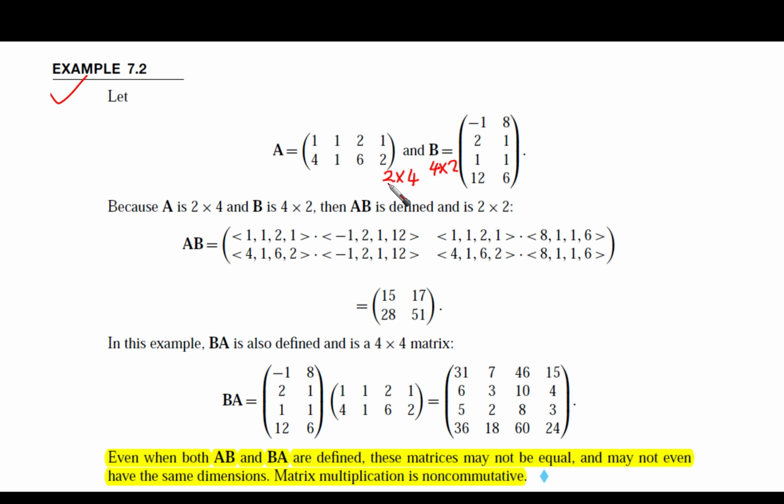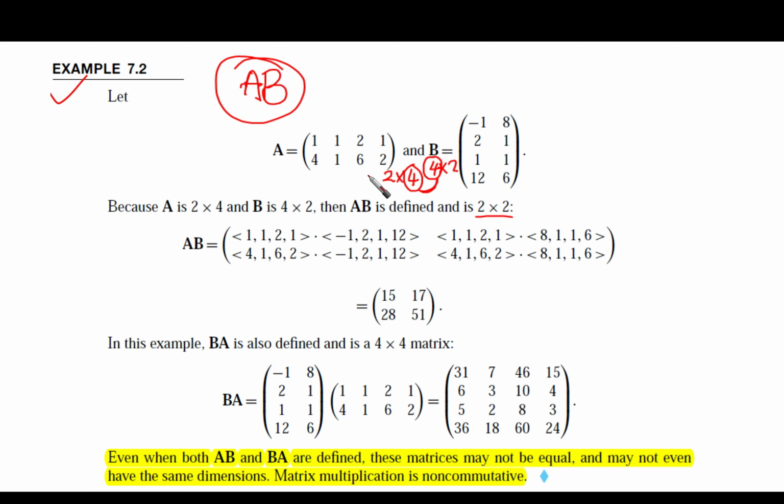We need to check the number of columns in this matrix should equal the number of rows in this matrix. Okay, so this means that our multiplication works. AB is defined because A is 2 by 4 and B is 4 by 2. Then AB is defined and is 2 by 2.